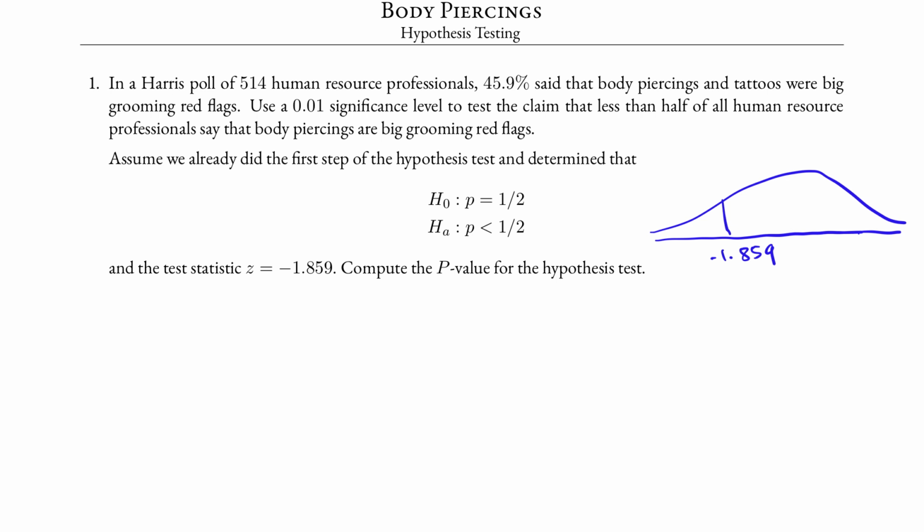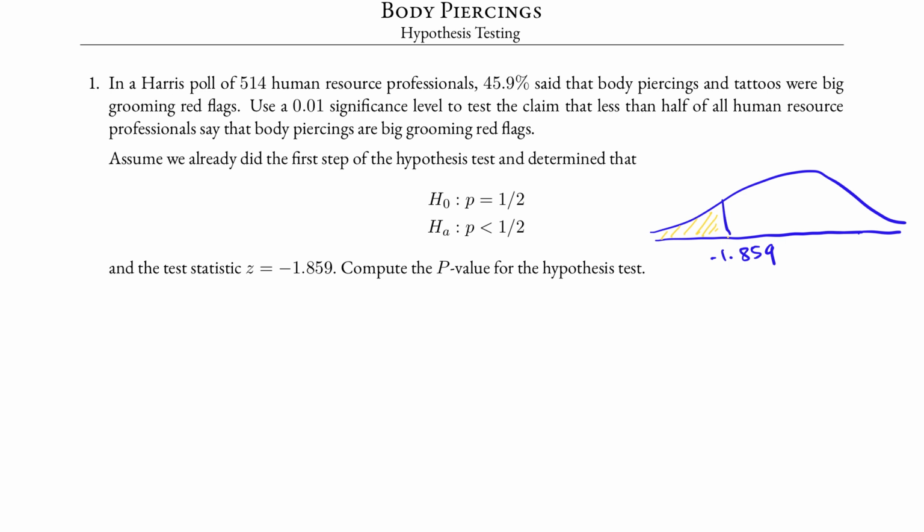Again, since this is the left tail test, we would indicate the z-test statistic and we would shade it on the left because the alternative hypothesis indicates that this is the left tail test. The area or the probability on the left-hand side of the z-test statistic negative 1.859 is called the p-value.